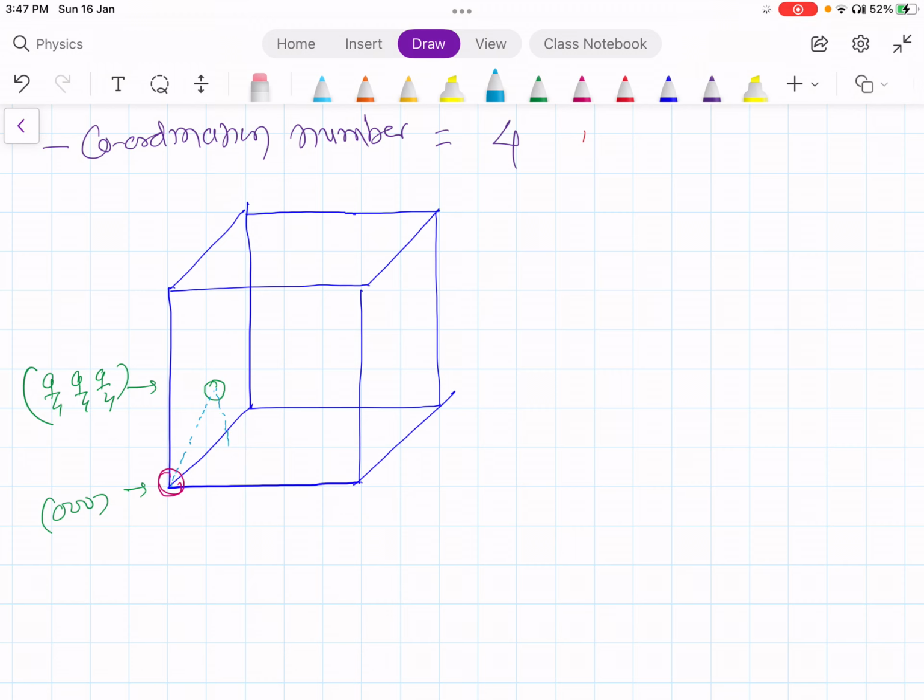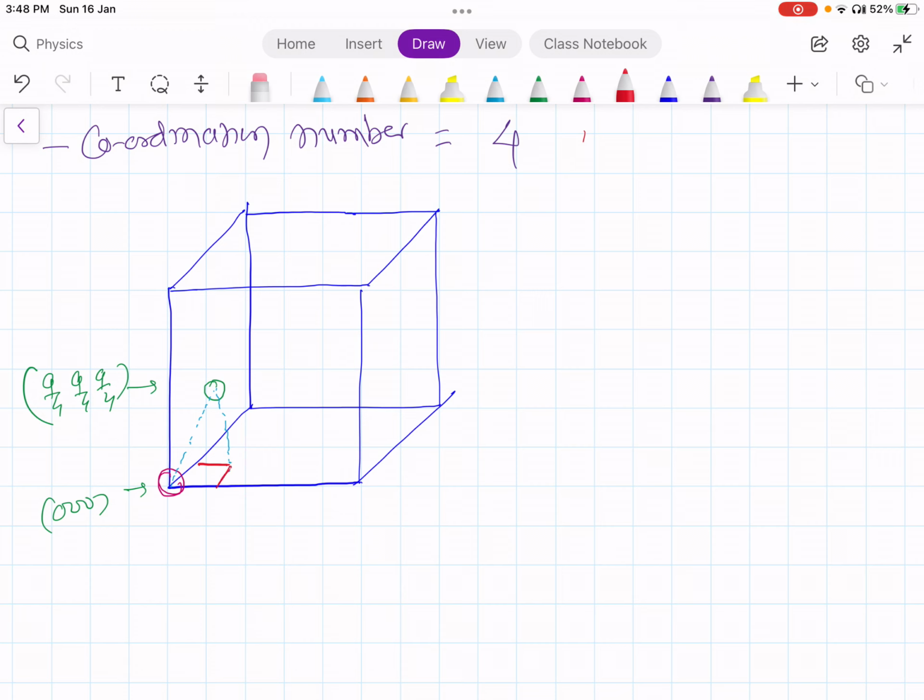To find that distance, let me show you the XY plane first. This is the y-axis and this is the x-axis.